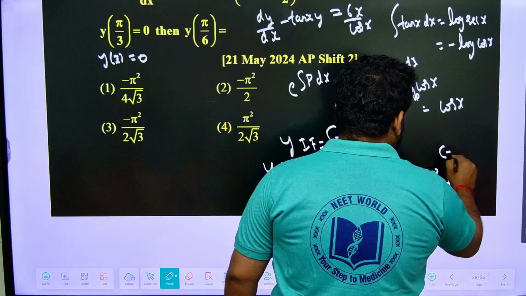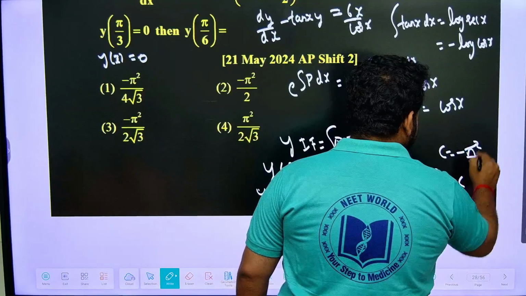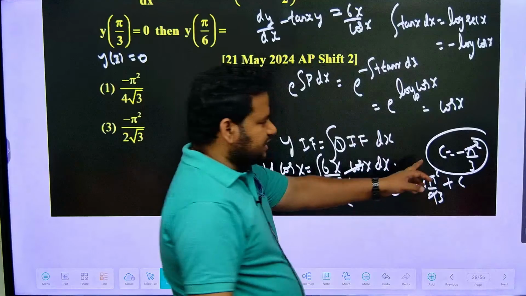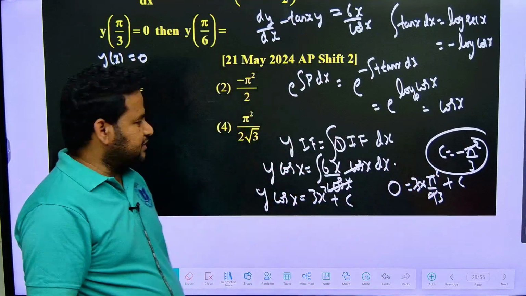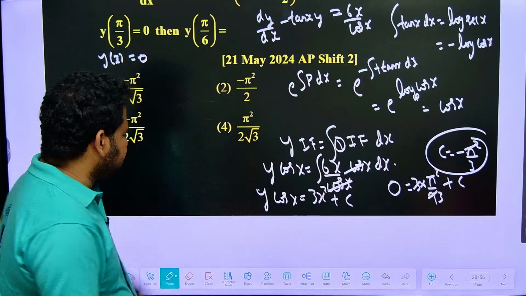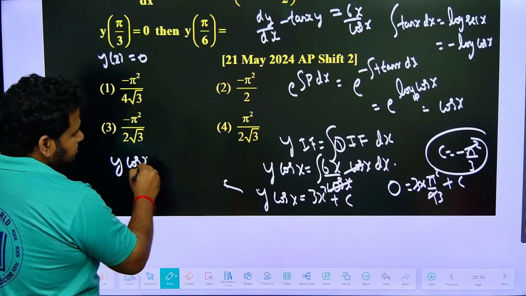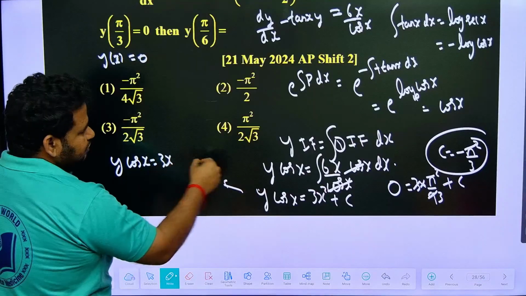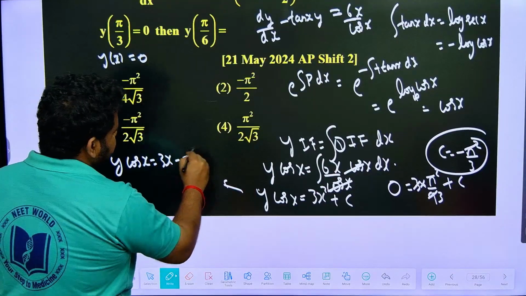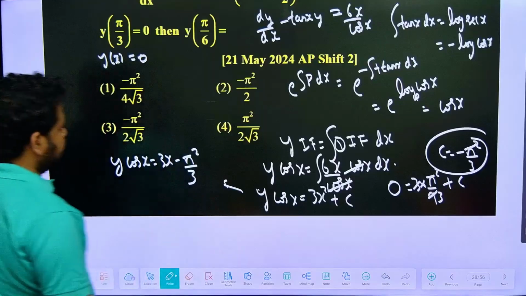So c is equal to minus pi square by 3. Now this differential equation will become y into cos x is equal to 3x square, and instead of c, I should write minus pi square by 3.